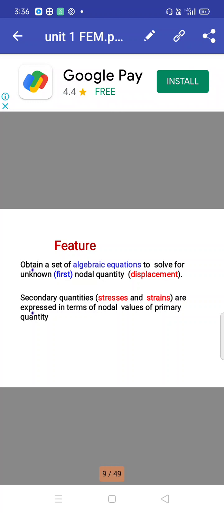If we consider the changes in these dimensions, if there is variation in the length, we call it linear strain. So linear strain is equal to change in length by original length. Each has the same unit, so the units cancel together, so there is no unit for strain, any kind of strain.